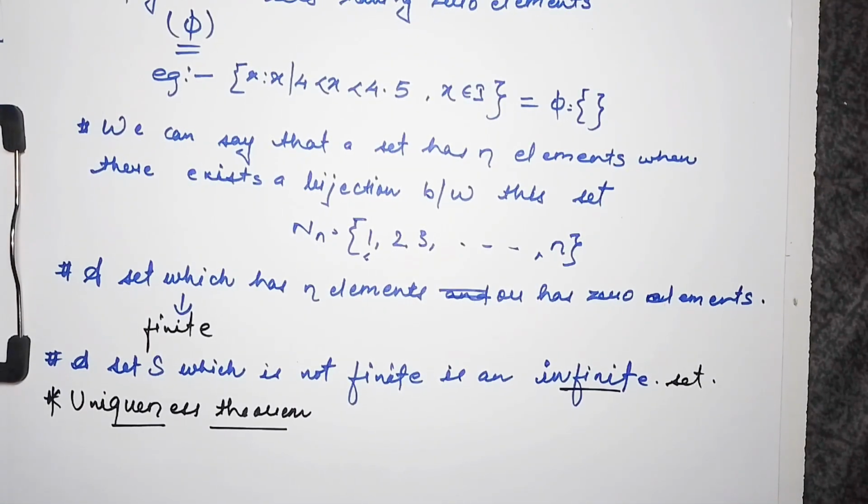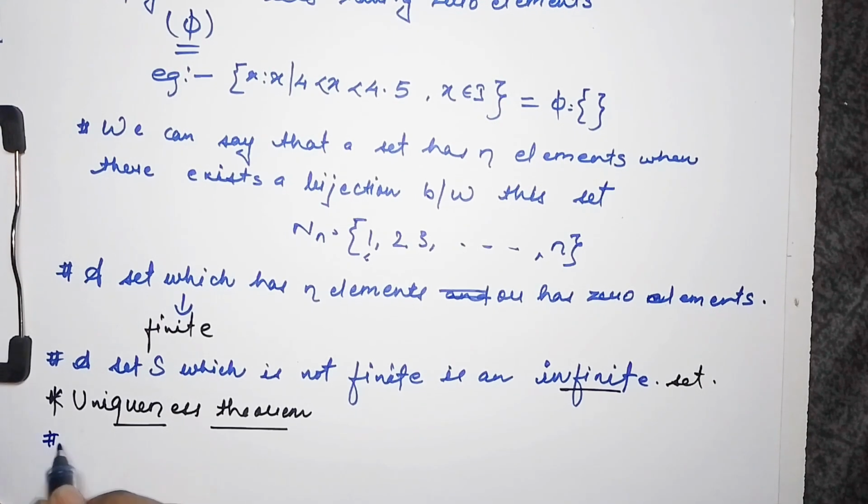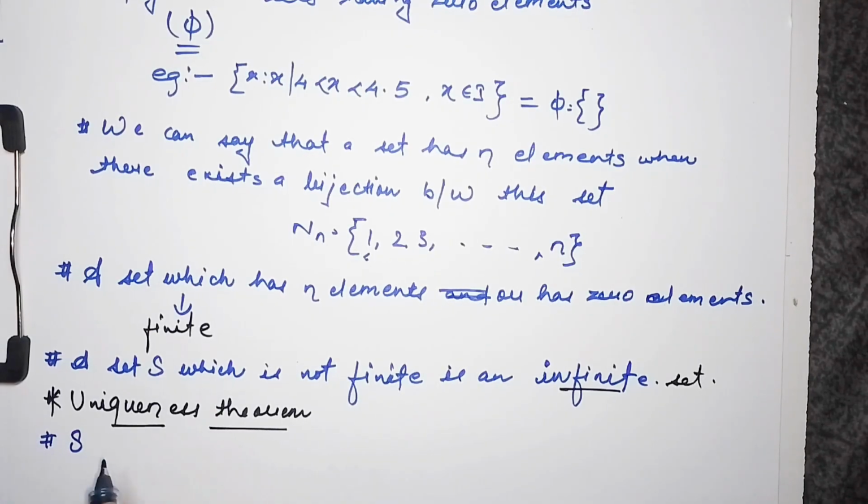It says that if S is a finite set, suppose S is any set which is finite, then it will have a number of elements n, and that n would be unique. So the theorem says that if S is a set, it will have n elements, and this n would be unique.